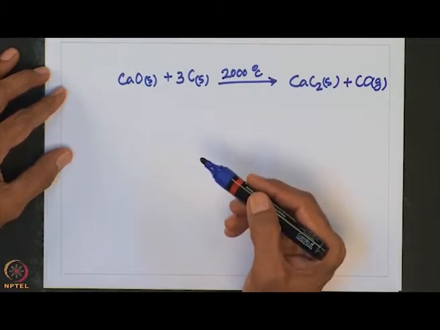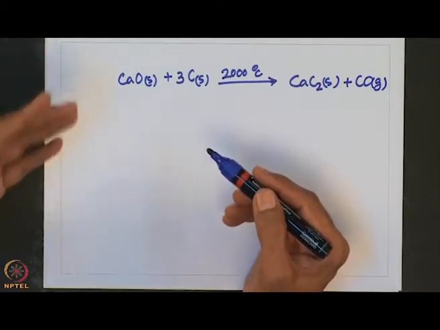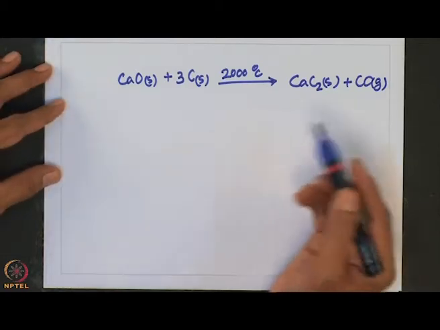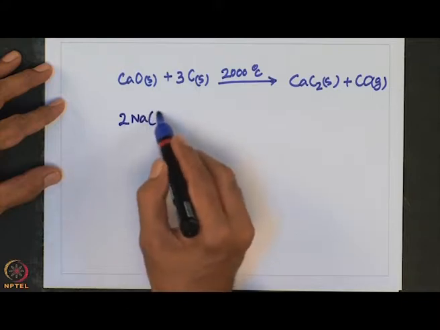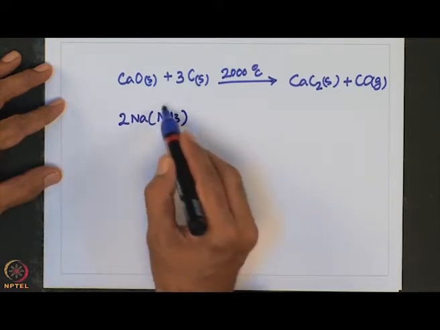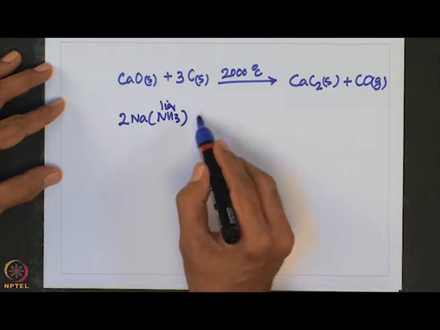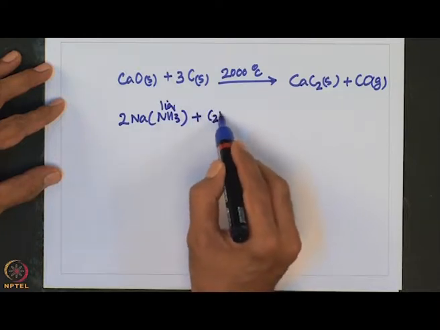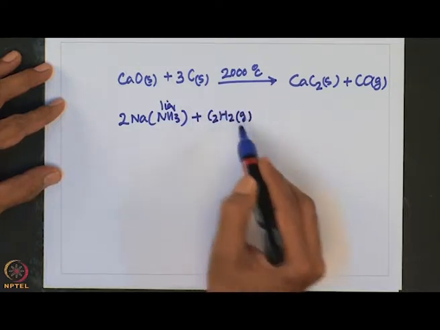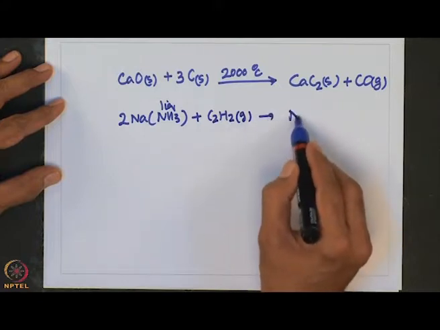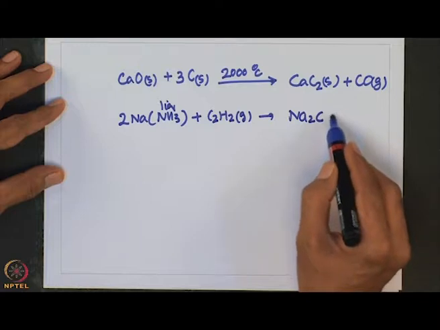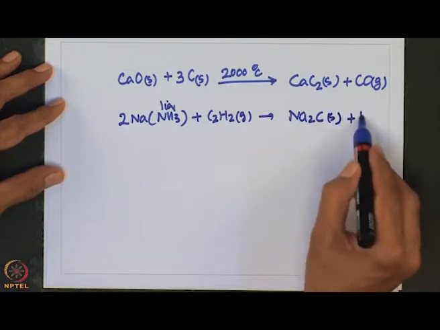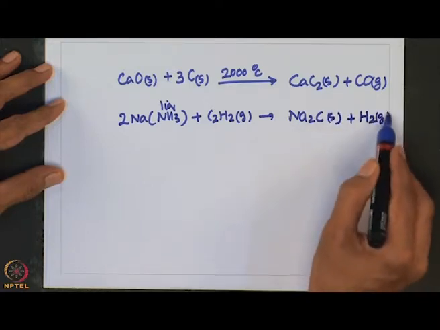Of course, reaction of acetylene with a metal ammonia solution gives the corresponding carbide. For example, if you take sodium in liquid ammonia, and treat this with acetylene, it leads to the formation of Na2C2 solid plus H2 comes out.